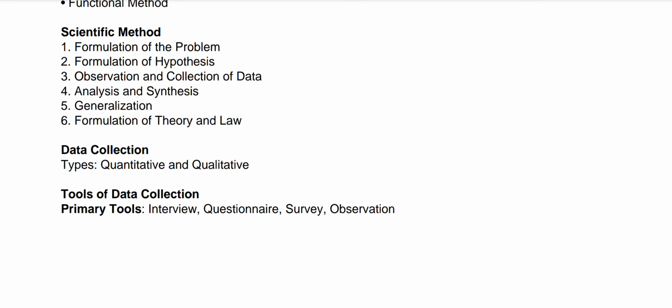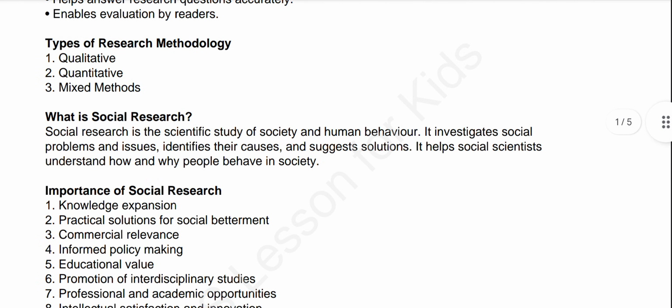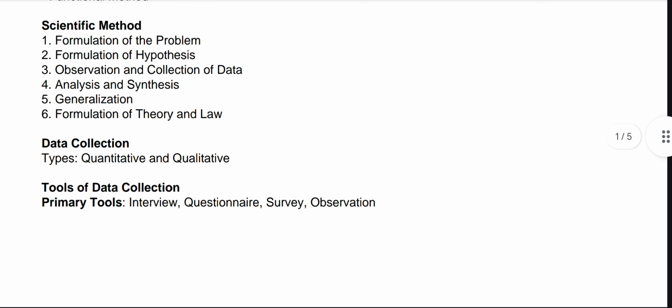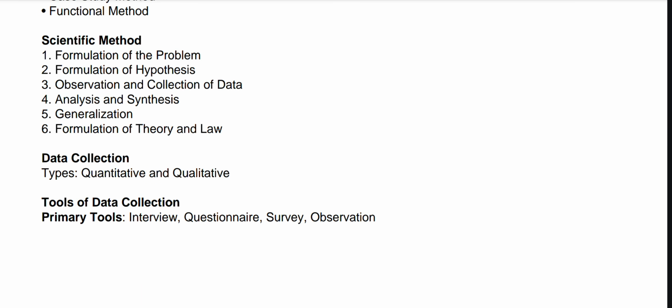Now there are two types: qualitative and quantitative. Quantitative means the data that are numerical based. Quantitative means numerical data, and qualitative means the opinions and the experiences, which we get by the interviews, questionnaires, surveys, all those things.